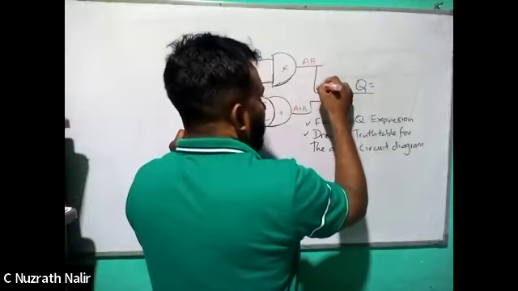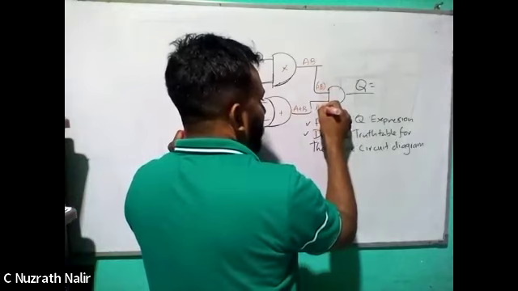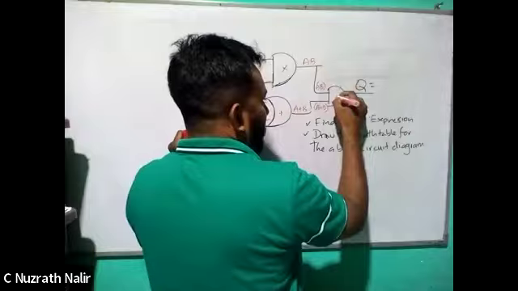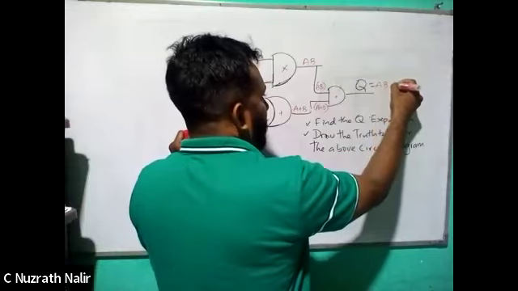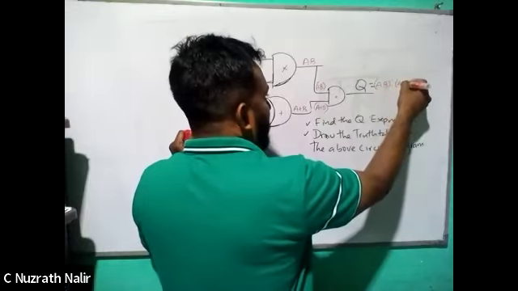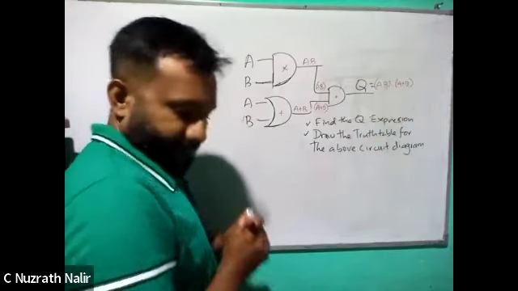A plus B is coming right here, from this A and this A plus B, then it merges into that one, it's multiplied. So Q is equal to AB dot A plus B. This is the answer.